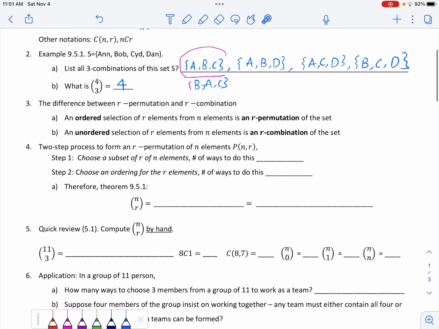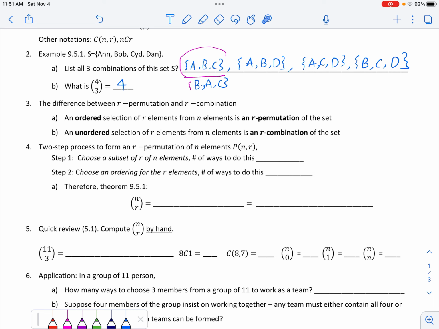Now, how do we derive the result for this one? Let's take a look at it this way. A 2-step process to form an r permutation of n elements. So how can we form an r permutation from n elements?